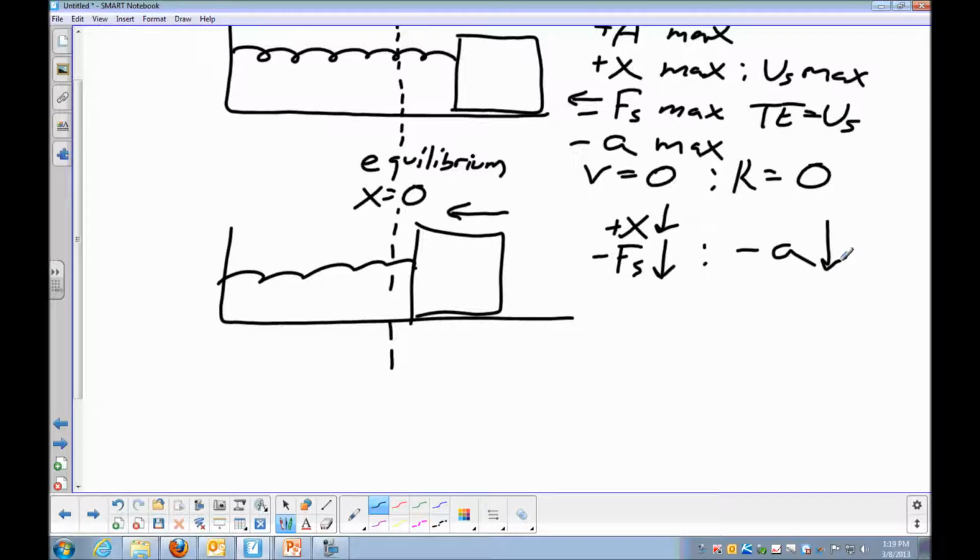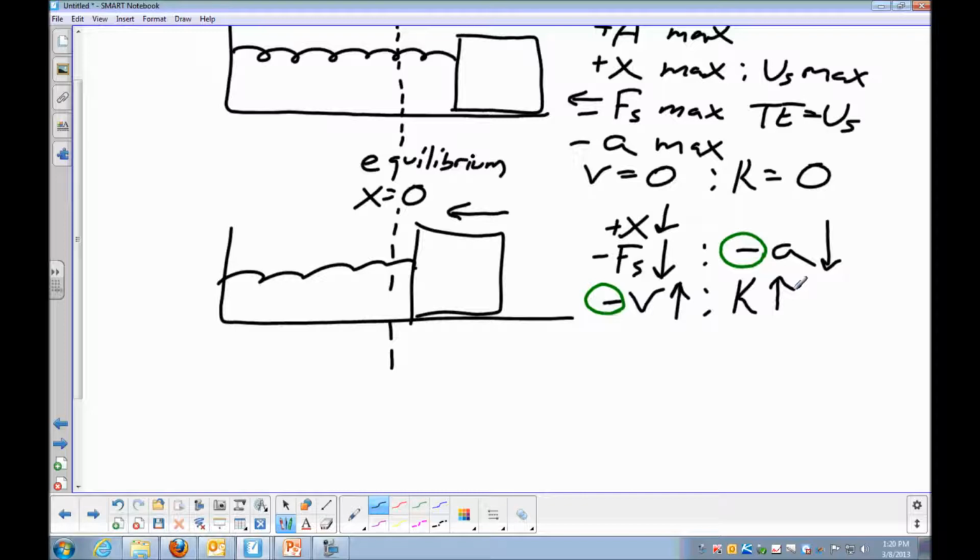Because I'm going to the left, I do have a negative velocity. And since my acceleration is negative and my velocity is negative, that means my velocity is increasing as it moves to the left. If I have increasing velocity, I have increasing kinetic energy.